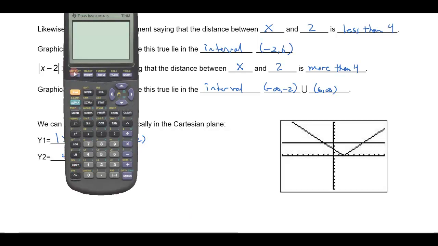So if you go to your y equals, I go into the math menu, and over where it says numbers here, I arrow over, number 1 is the ABS, so the absolute value of x minus 2, and then also graph 4. Okay, let me get my standard window here.